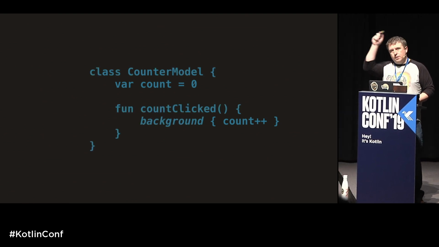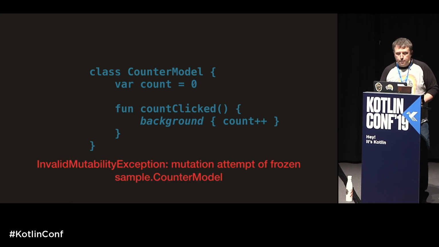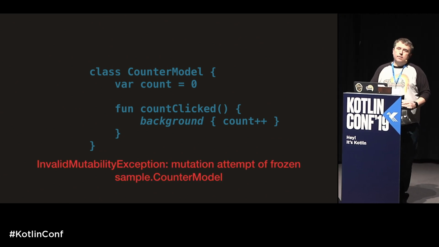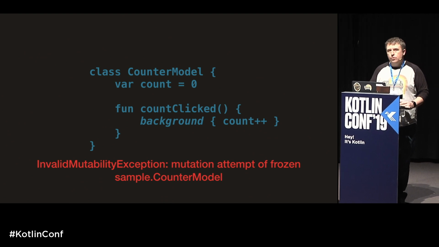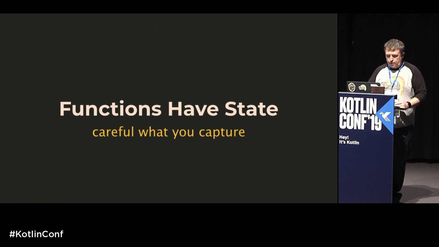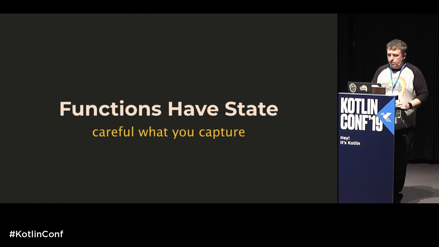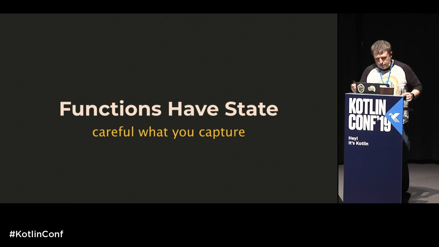So now your whole thing is blue and frozen, and then you're going to see this thing. Invalid mutability exception. This is your new friend. You should get very familiar with invalid mutability exception. You're trying to mutate something that's frozen. That's essentially what that is saying. Functions can have state. You have to be very careful with what you capture. That's sort of the TLDR of that section.